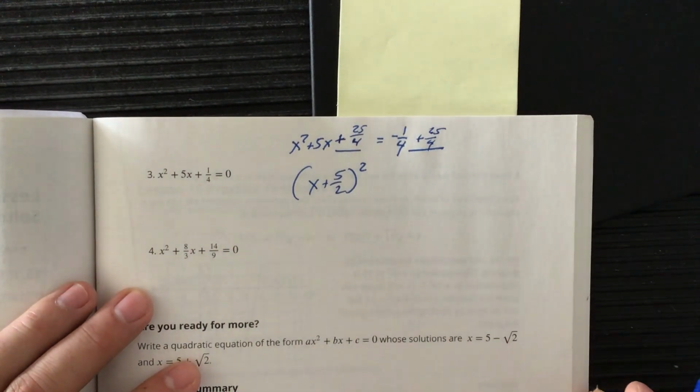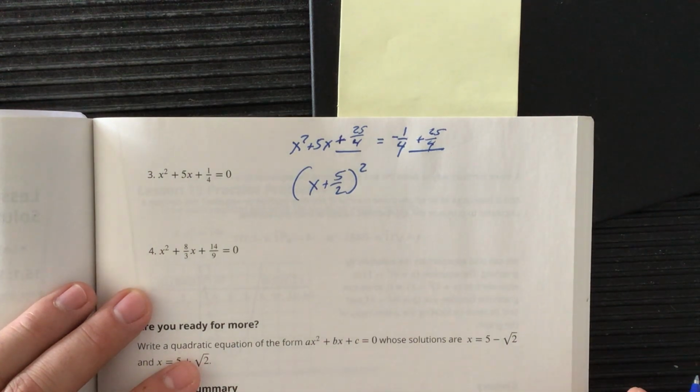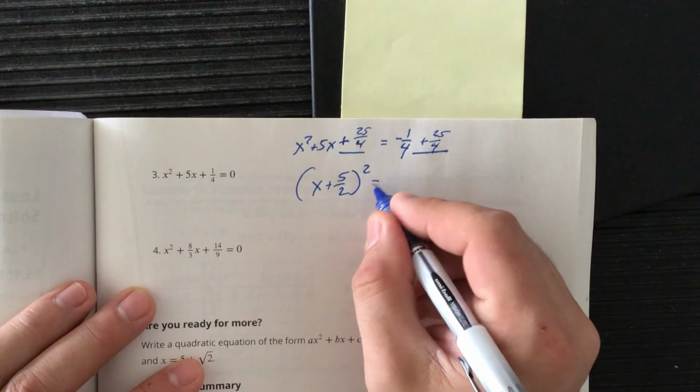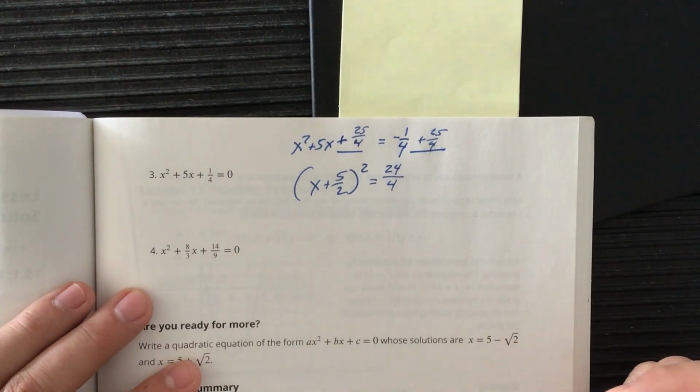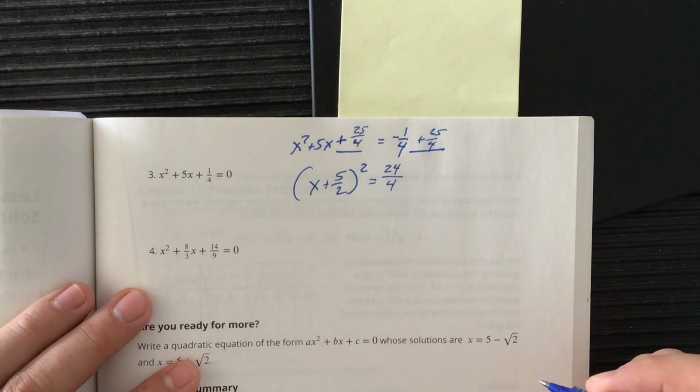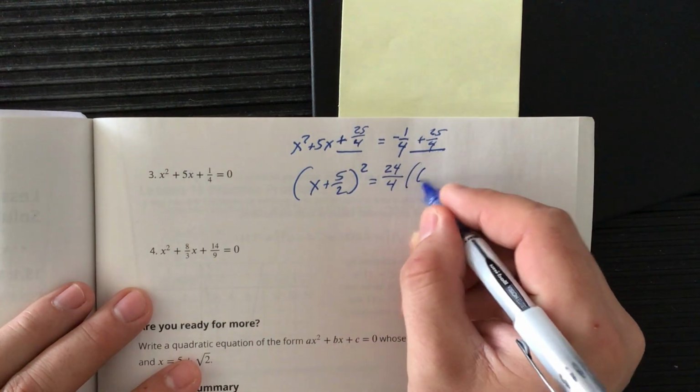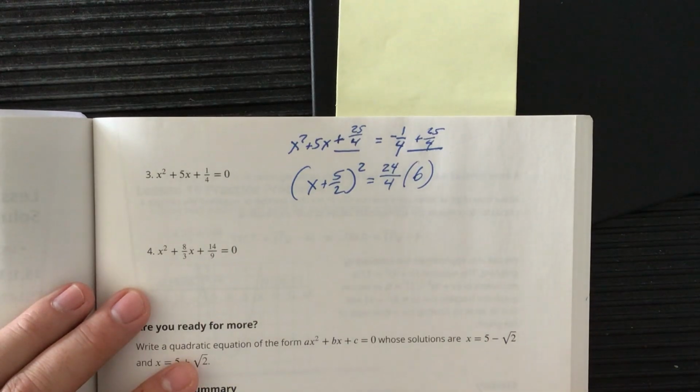So that's what goes in the blank. 25 minus 1 would be 24 over 4, which you could simplify to 6. 24 divided by 4 is 6.